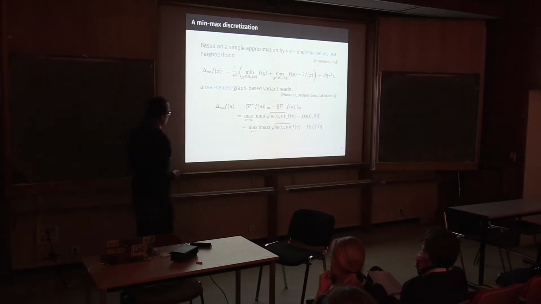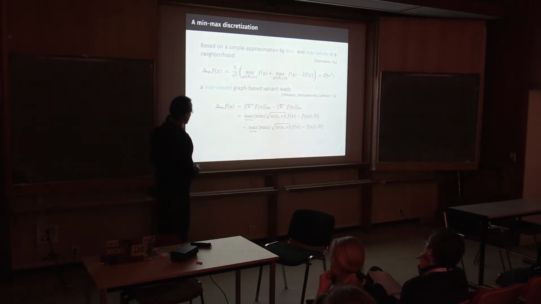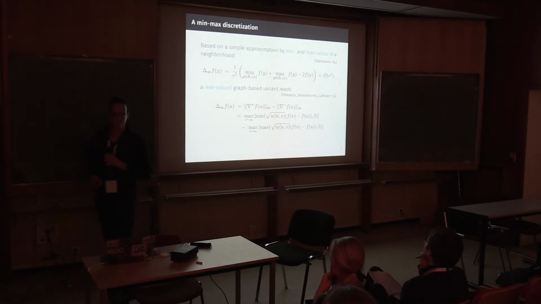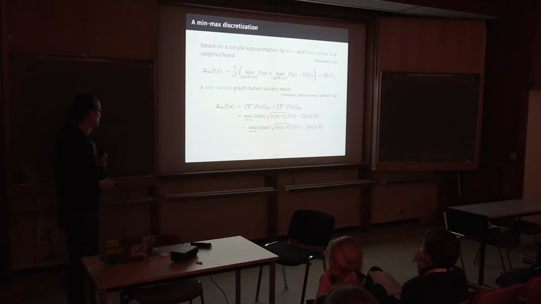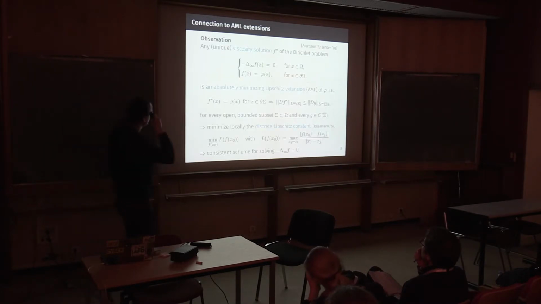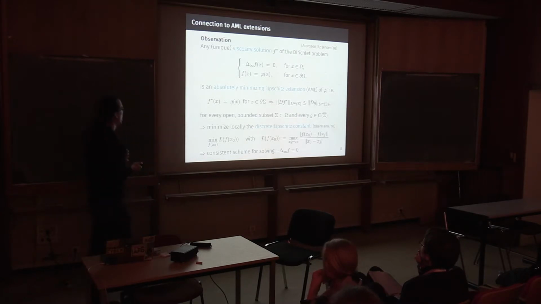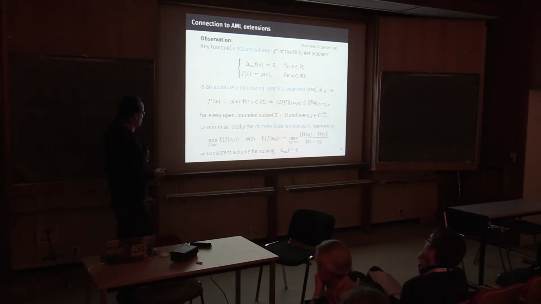And then I discussed with Daniel how to generalize this because a minimum and a maximum doesn't make sense on a manifold. So we can't directly use that. But if we look closer at the infinity Laplacian, a solution of the Dirichlet problem is an absolutely minimizing Lipschitz extension, which is this statement.